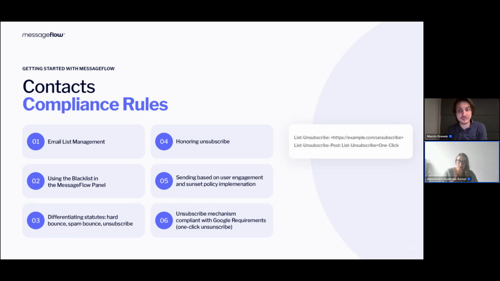And Google also checks if you're honoring the unsubscribe option that you give your users, and then they display this information in the Google Postmaster tool that we also recommend to track your reputation for this specific provider.